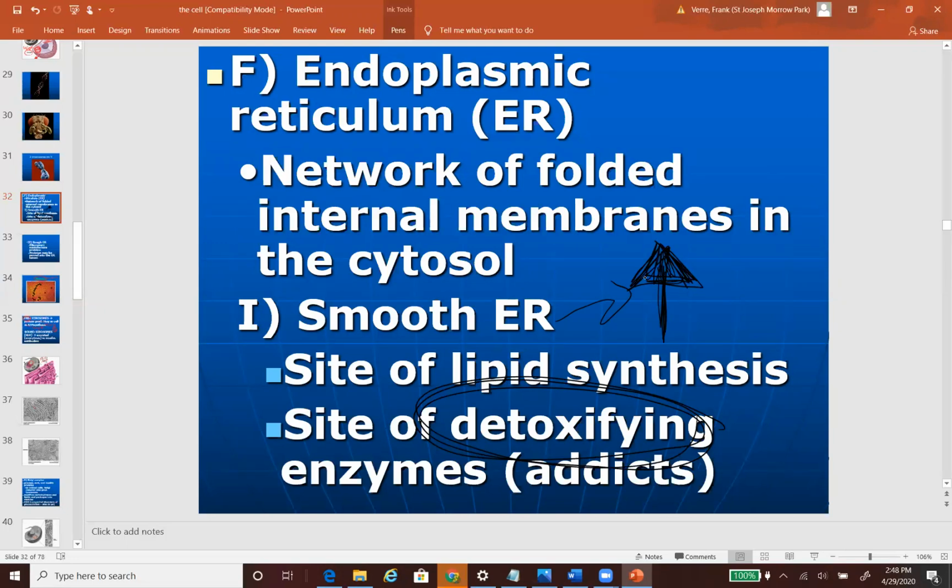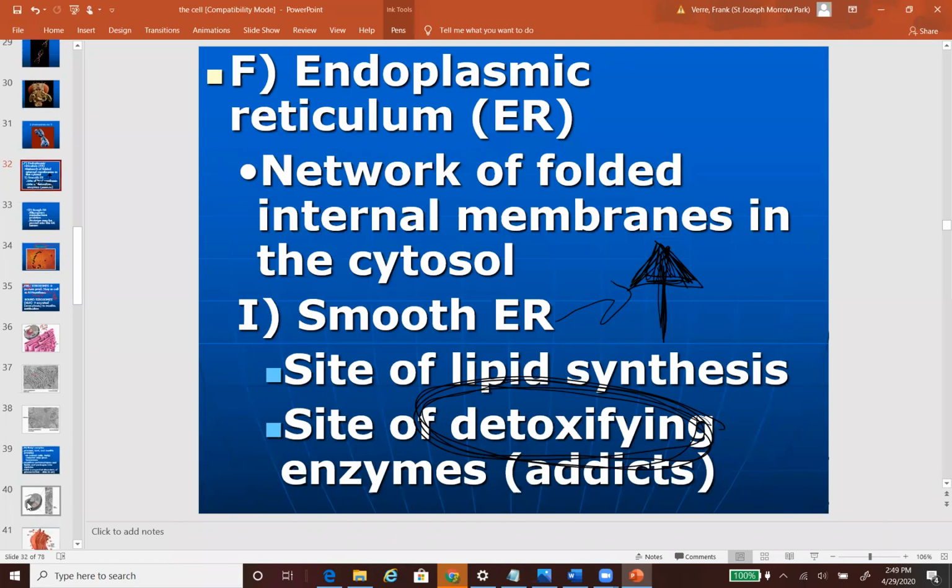And because they produce more smooth ER, they actually become better at breaking down toxic substances like alcohols or drugs. So that means for them to have the same effect from that alcohol or drug compared to someone who doesn't use these things, they would need to take in more of that alcohol or drug, because their body is simply adapted to become better at breaking down these toxic substances. So it's an interesting little fact there.